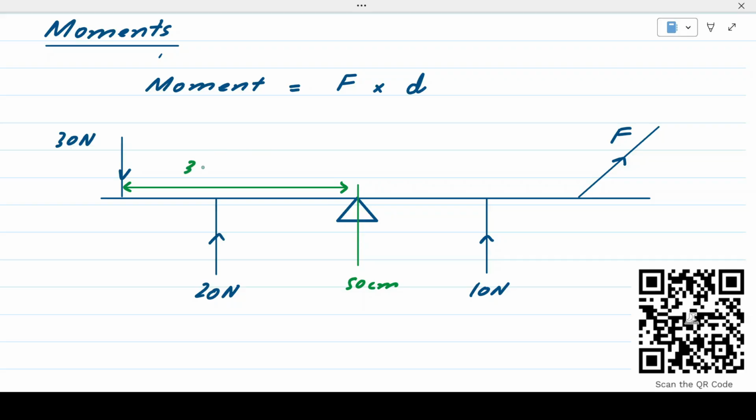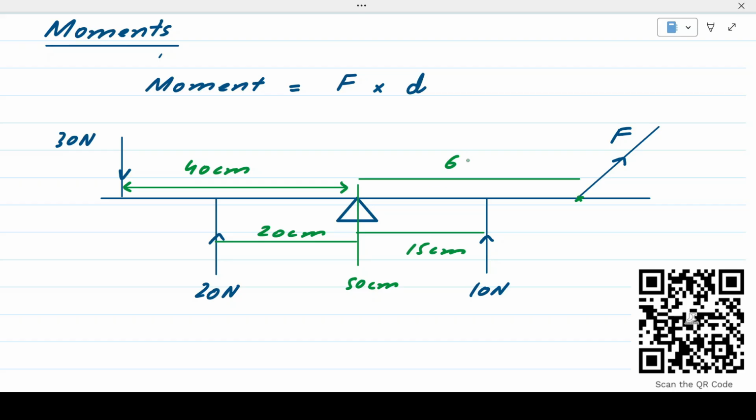So let's say this one from the pivot is 40 centimeter. This one from the pivot is, let's assume, 20 centimeter. This one from the pivot is 15 centimeter. And the point of application of force F from the pivot is, let's say, 60 centimeter. Find the value of F.